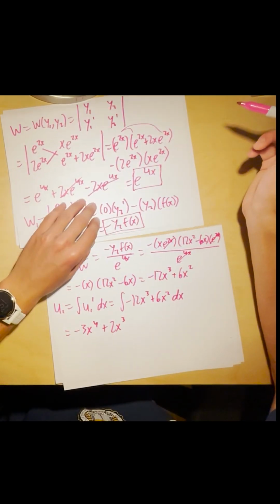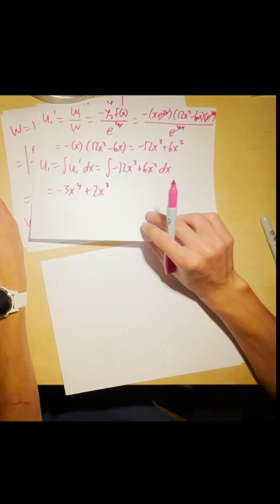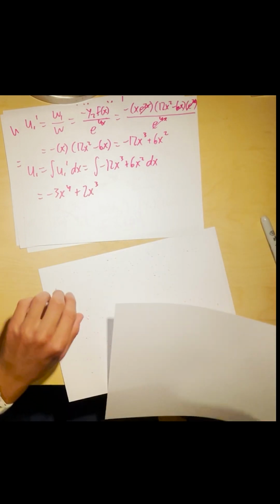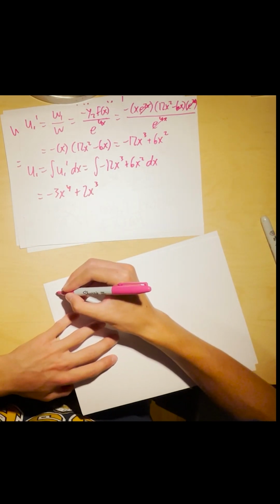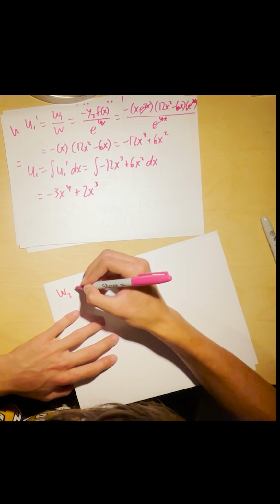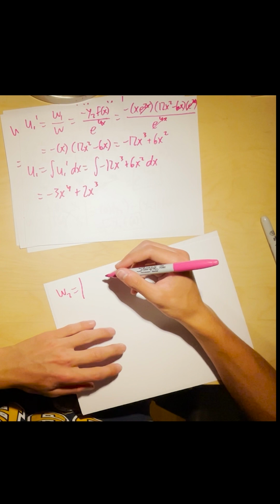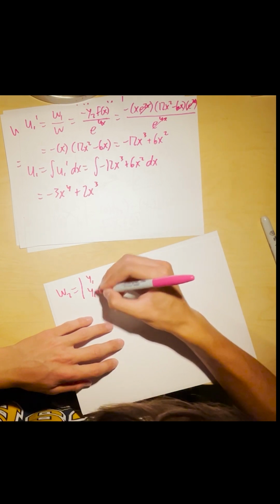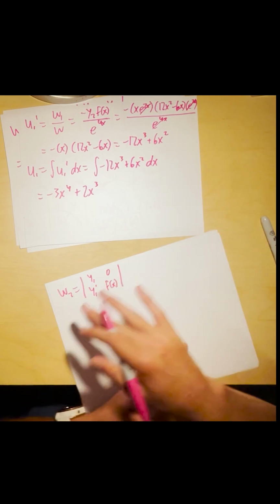So I'm going to get a new page. We will find, first have to find w2. So w2 is the determinant with y1 and y1 prime, and then 0 and f of x. So it's just kind of flipped.